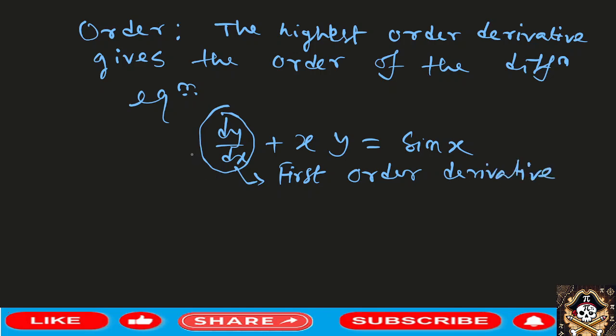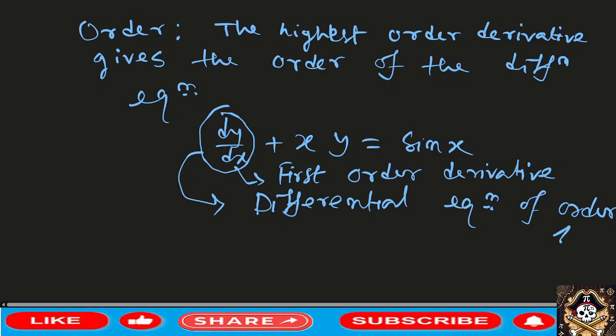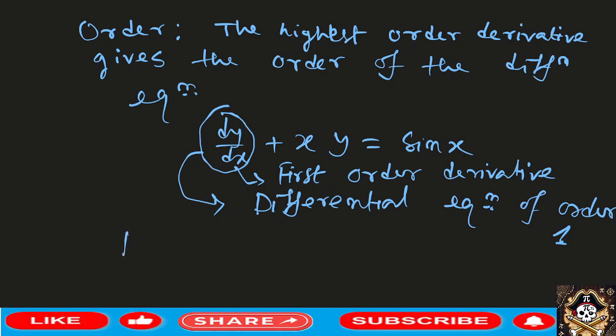Therefore, this differential equation will be of order 1. Now, if we ask you, can there be a differential equation of order 0? The answer will be no, because zeroth order derivative does not exist, right?